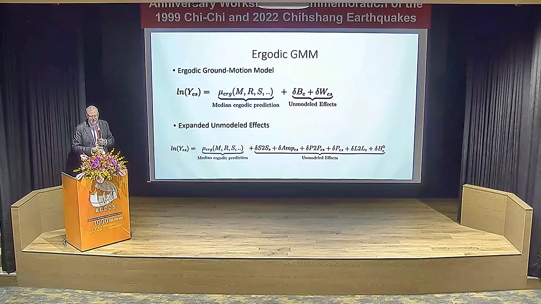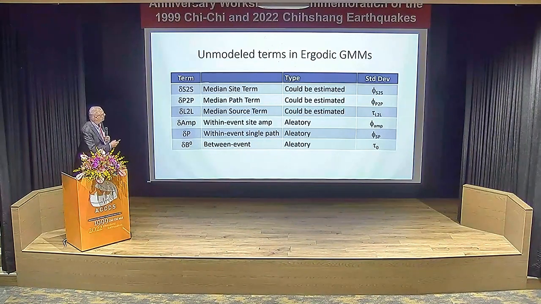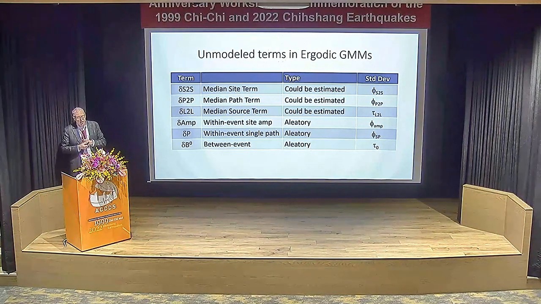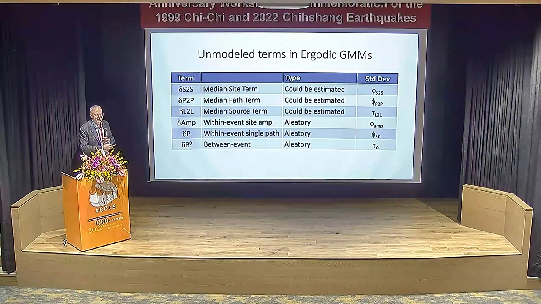We have 6 pieces, and in an ergodic model, we treat all of these as random. They're not, right? But that's how we're going to be treating them. So when we look at this, we're going to have these terms here, and they're going to have their standard deviation. The first 3 are things that could be estimated. But when I run an ergodic model, I choose not to estimate them. That's a choice of the person developing the model. Once you choose not to estimate something, it's treated as random in the context of the model, okay, even though it's not.